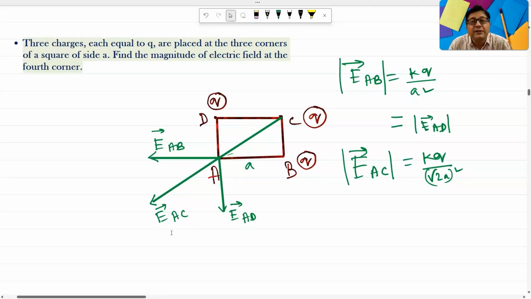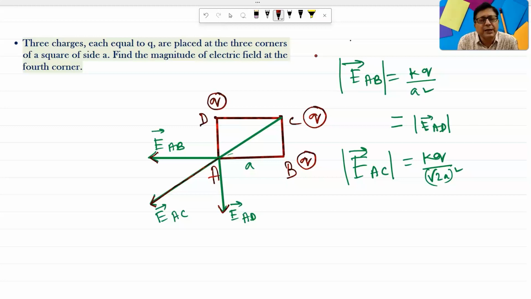We have to find the vector sum of these three vectors at the point A. Before we find the vector sum, we make one observation that the magnitudes of these two vectors are the same. And EAC acts along the bisector of the angle between these two.